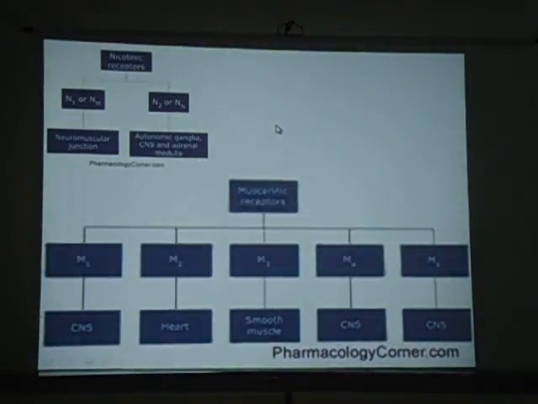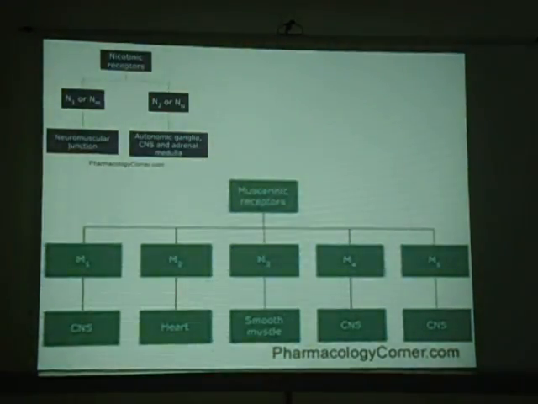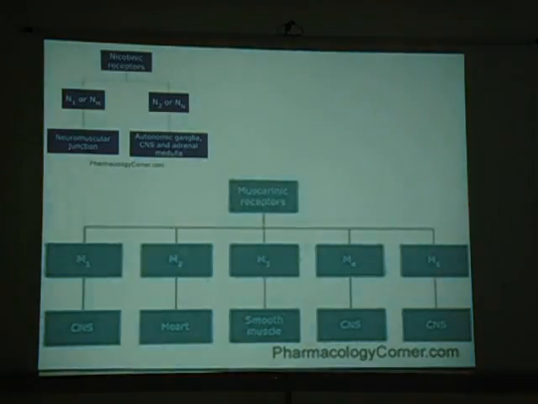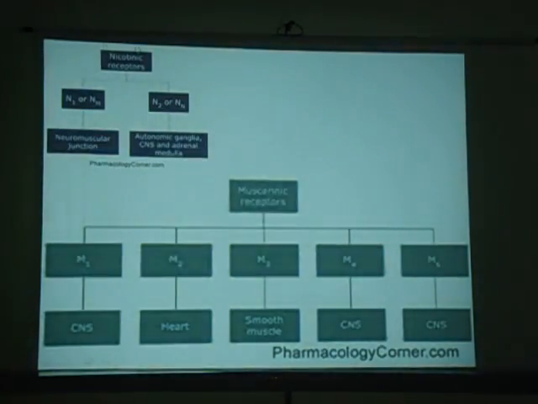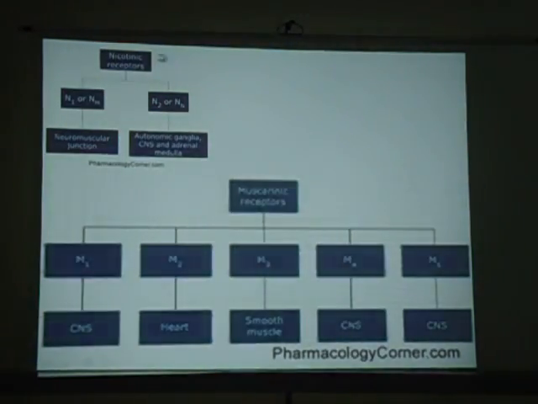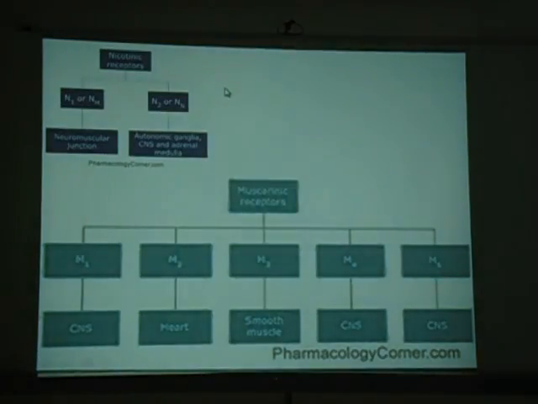So the point we need to remember here is that anticholinergic drugs are restricted to the anti-muscarinic effects. Those drugs which block the neuromuscular junction, we call neuromuscular blockers, and those drugs which act at the autonomic ganglia, we broadly classify as ganglion blockers.